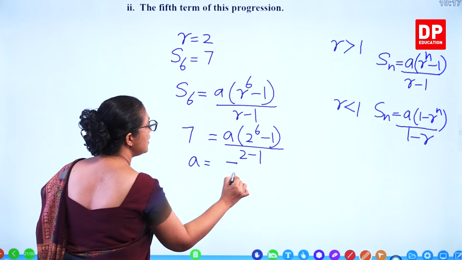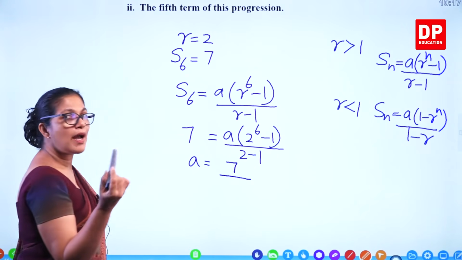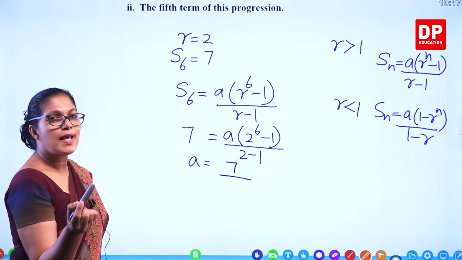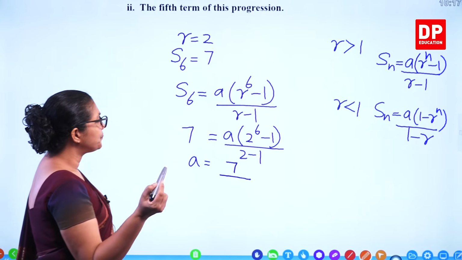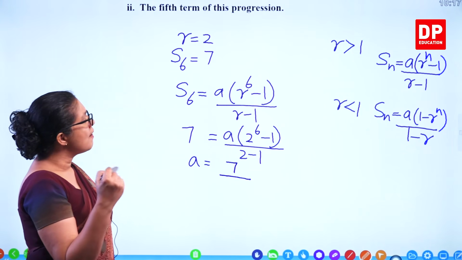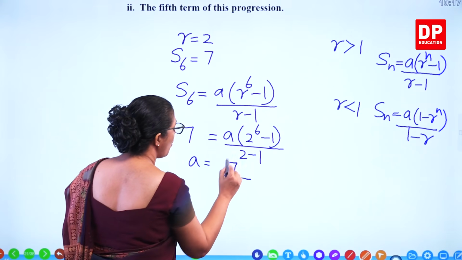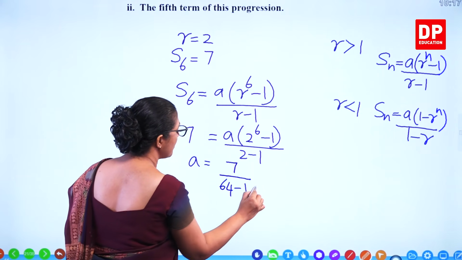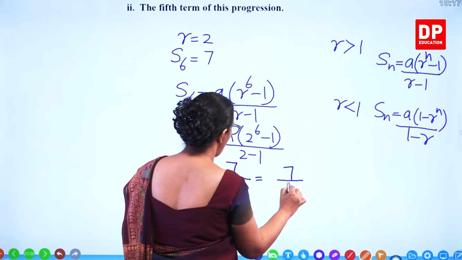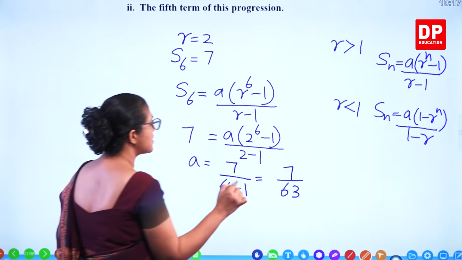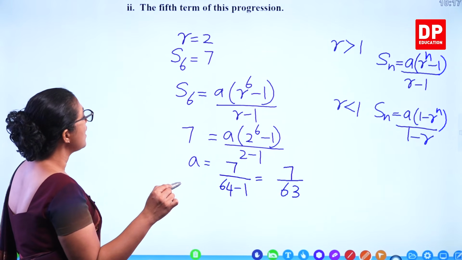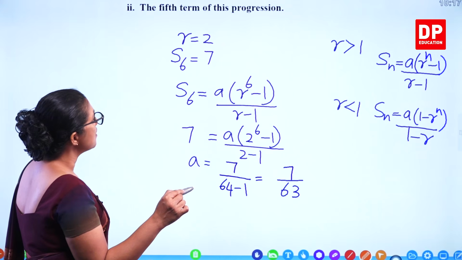7 divided by 2 to the power 6 minus 1. So what's 2 to the power 6? We know 2 to the power 5 is 32. 32 times 2, 64. 64 minus 1. So 7 over 63. So that's the first term.